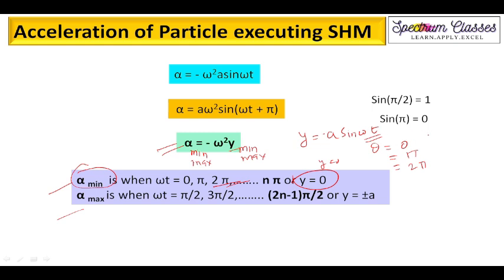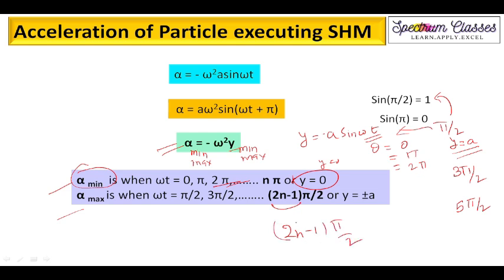So at these values alpha will be minimum. But if I put theta equal to pi by 2, then sine will be equal to 1, and we get y is equal to maximum, that is a. At 3 pi by 2, again I will get y equal to a, and at 5 pi by 2 again y equal to a. So here I have written (2n minus 1) pi by 2.